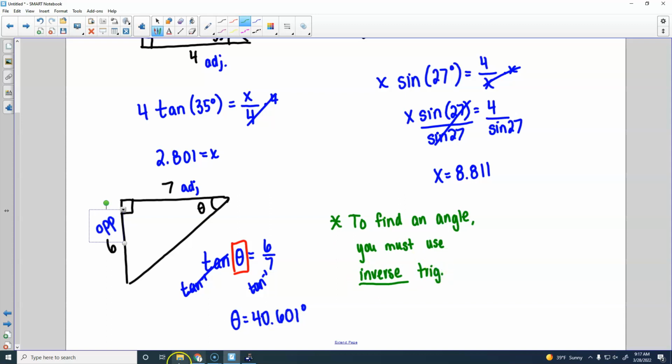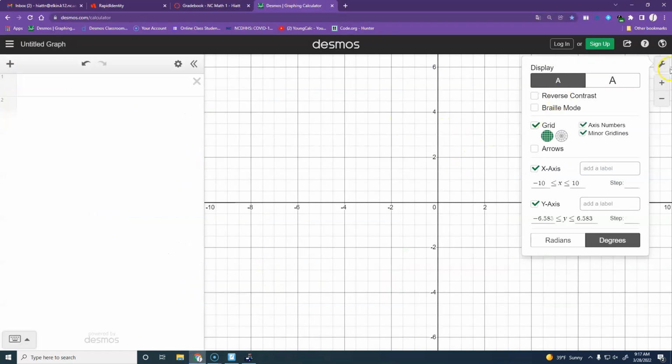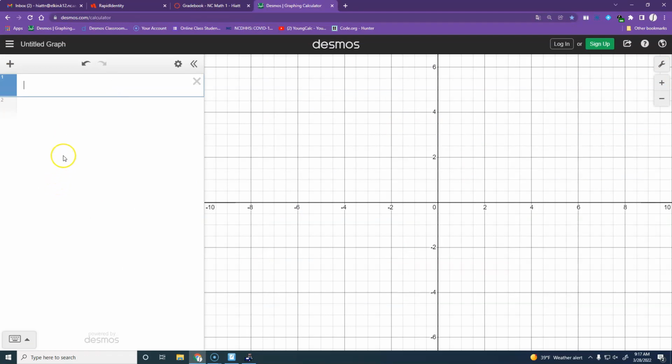And just to show you really quickly, also, on Desmos, if you're wanting to do inverse trig, I believe it works if you just type in tangent to the -1. No, that might not. Of 6 over 7, yeah.